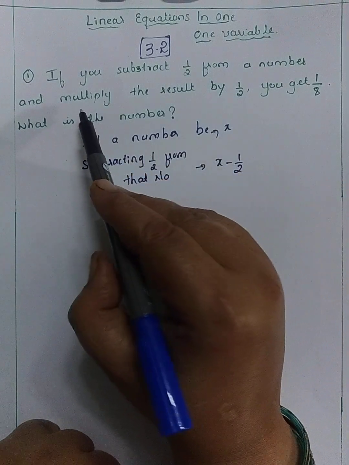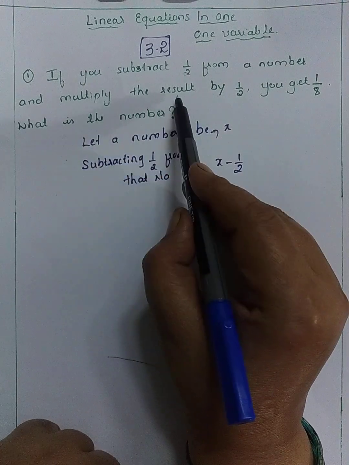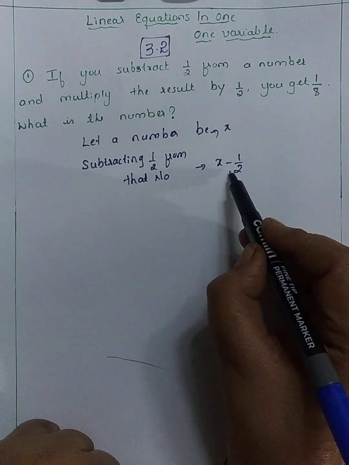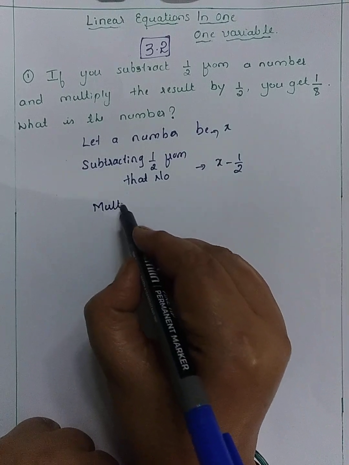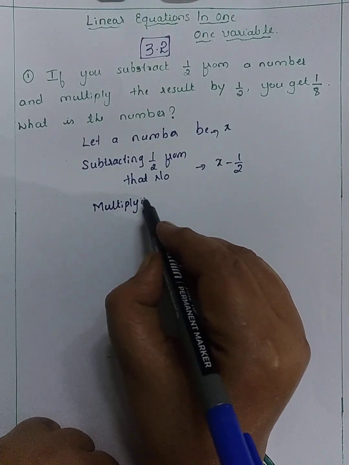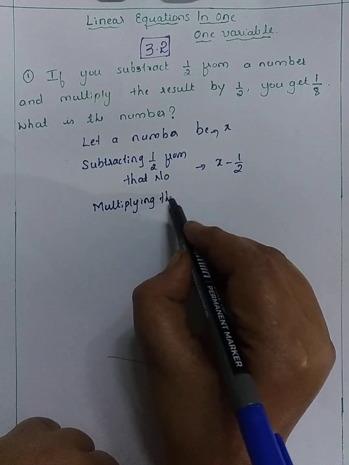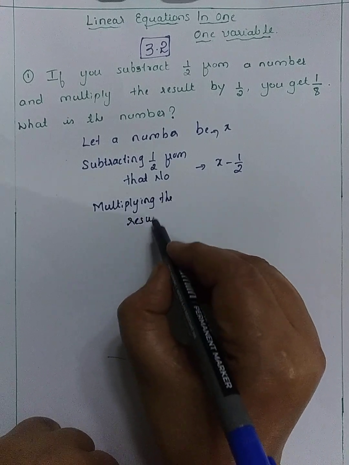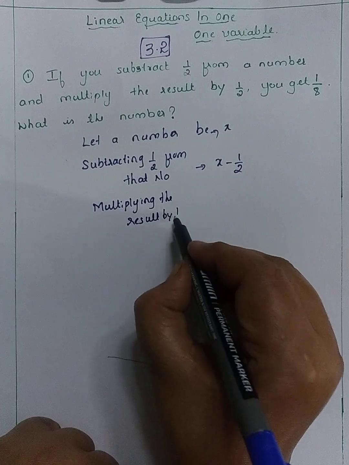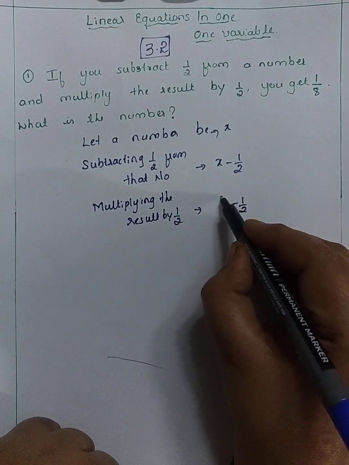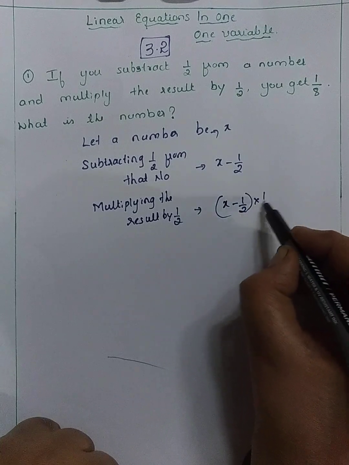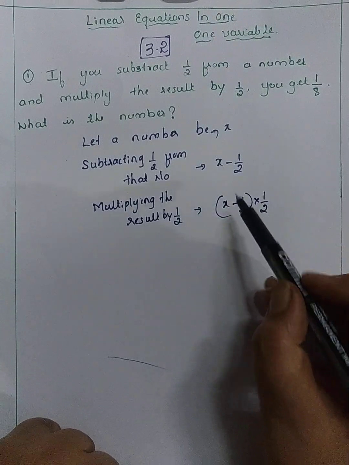The next step is you have to multiply the result. So what is the result? This result by 1 by 2. So multiplying the result by 1 by 2, this will be x minus 1 by 2 into 1 by 2. What will we get?